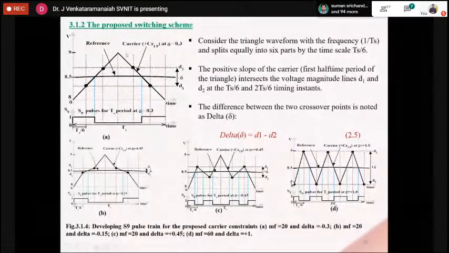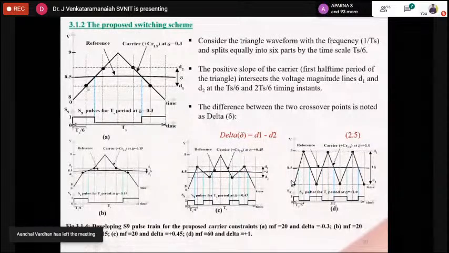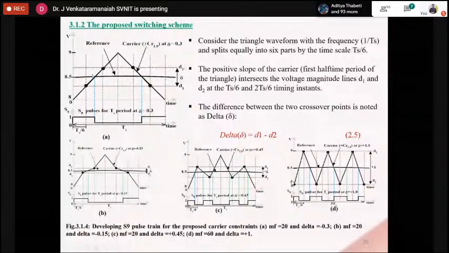Then I split it into 6 equal parts, so these intervals are decided. The carrier has 6 points with equal intervals of Ts by 6. If you leave the 0 interval, this is interval 1, and interval 2 has the points D1 and D2. The D2 line may cut intervals 2 and 4 also, and the D1 line may cut intervals 1 and 5 also.